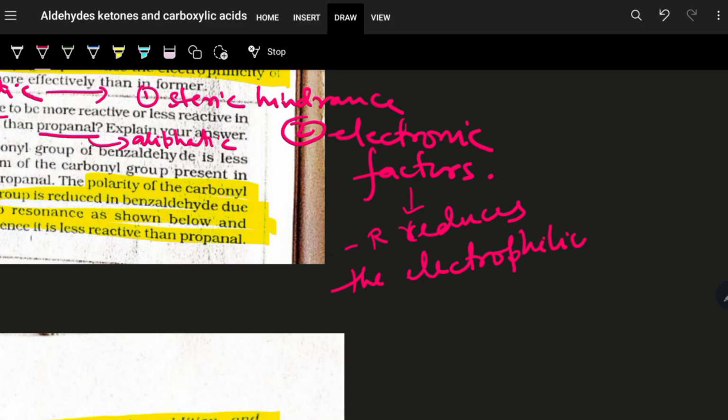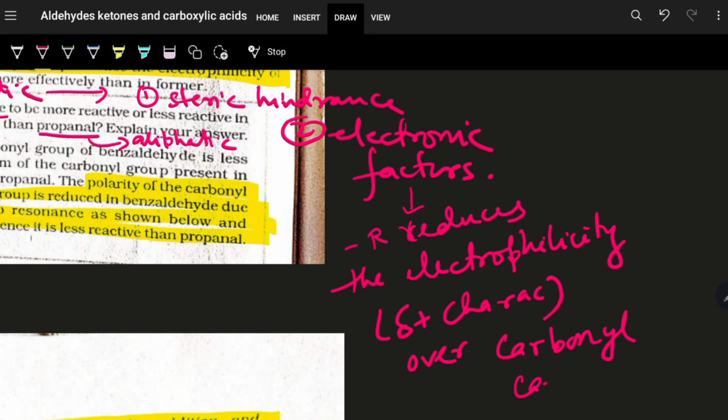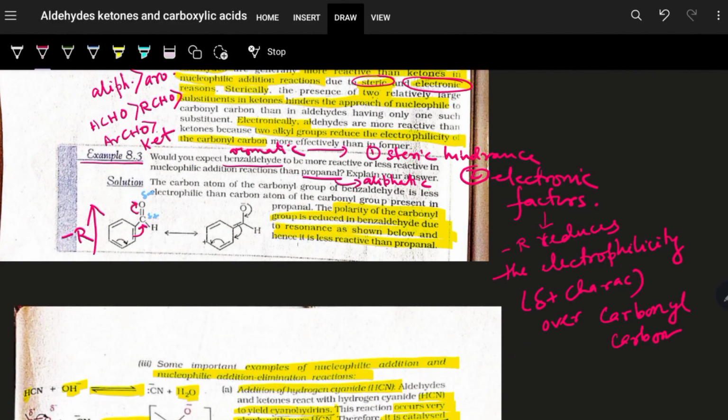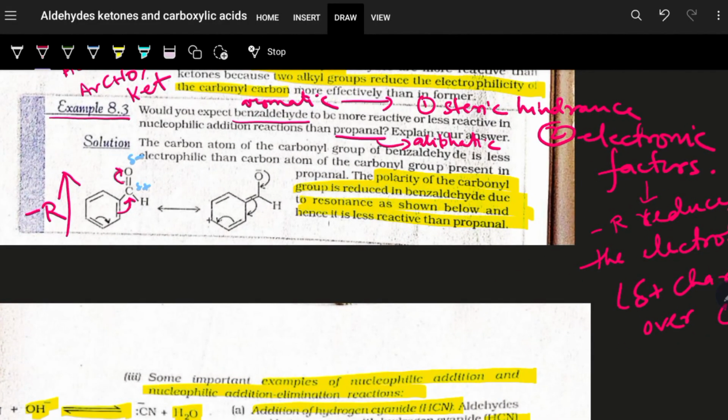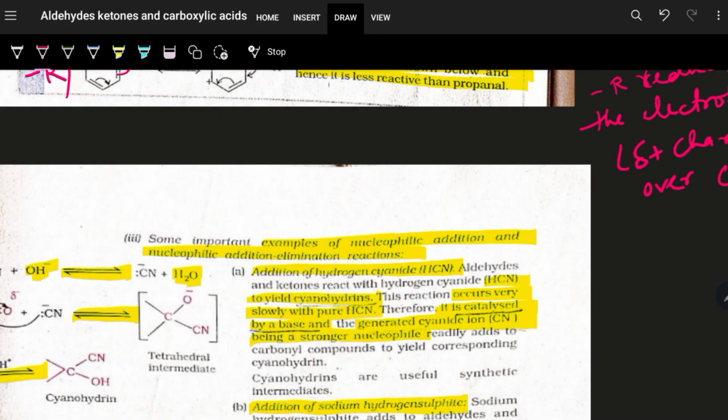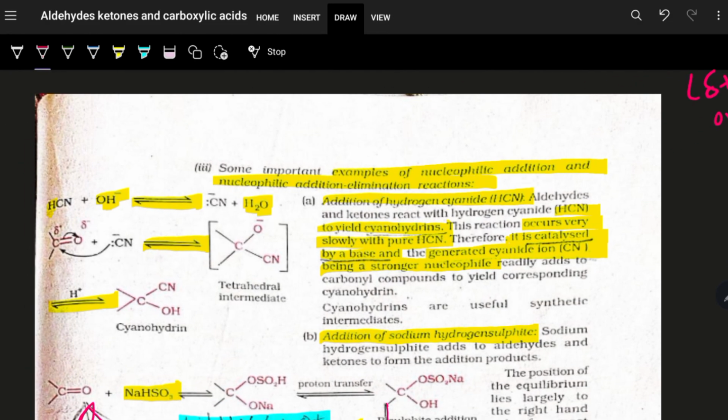If I say electrophilicity, it actually means delta positive character over carbonyl carbon. I think it's quite clear why benzaldehyde has less reactivity than other aliphatic aldehydes for nucleophilic addition reaction.